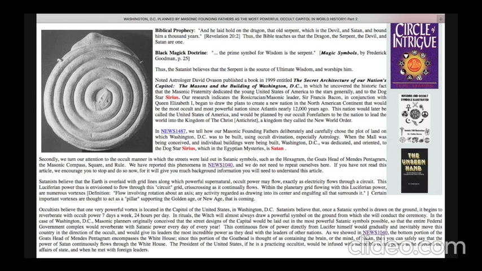Since this portion of the ghost head is thought of as containing the brain or the mind of Satan, you can safely say that the power of Satan continuously flows through the White House. The President of the United States, if he is a practicing occultist, will be infused with incredible occult power as he directs the affairs of state and when he meets with foreign leaders.